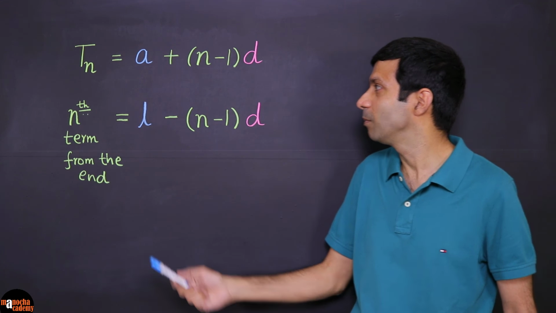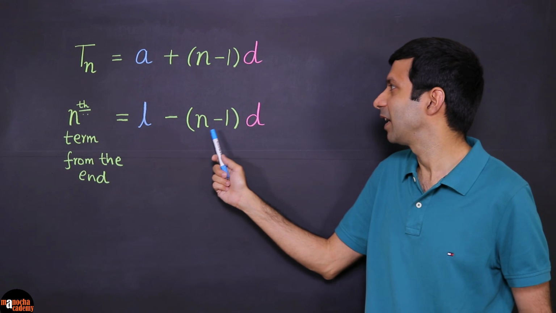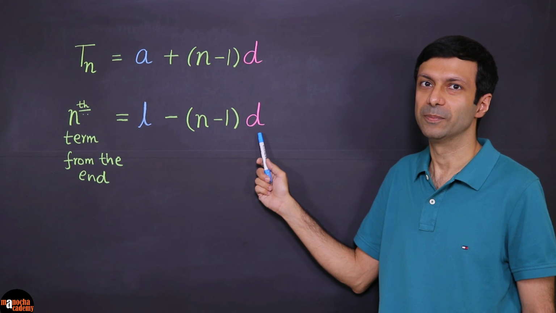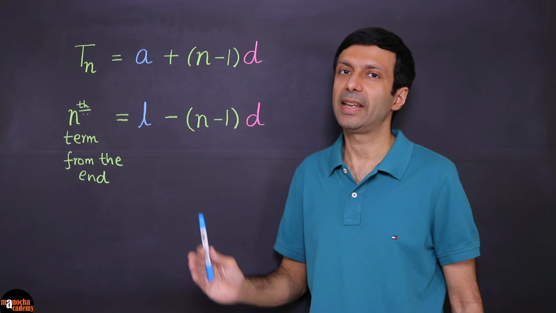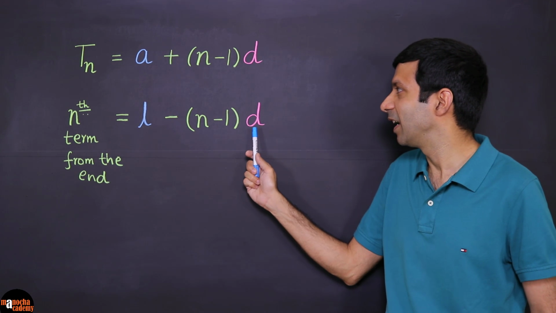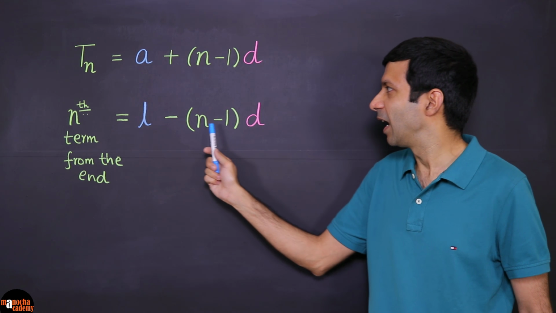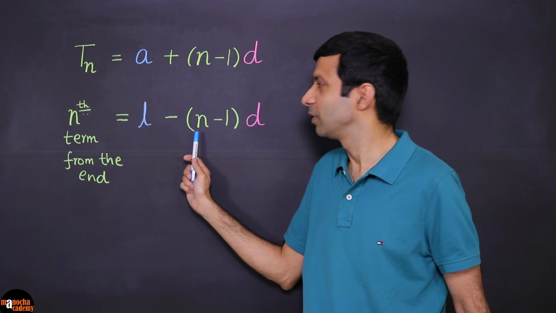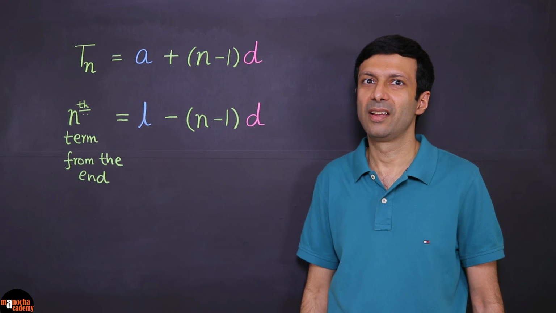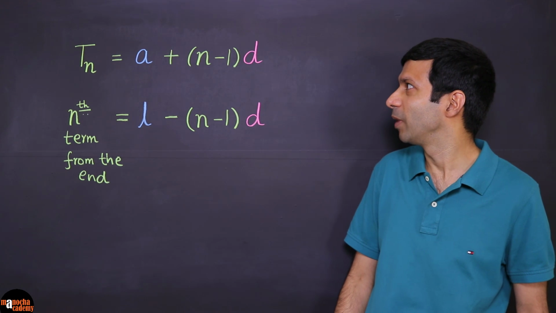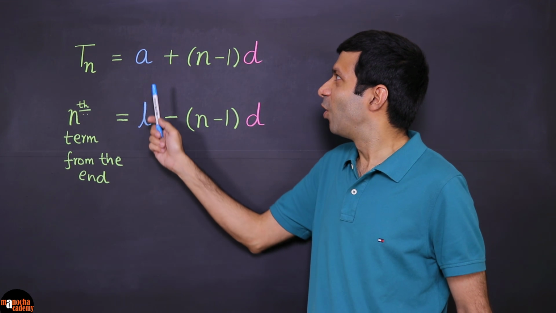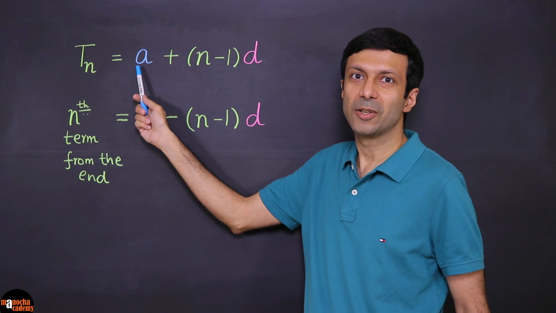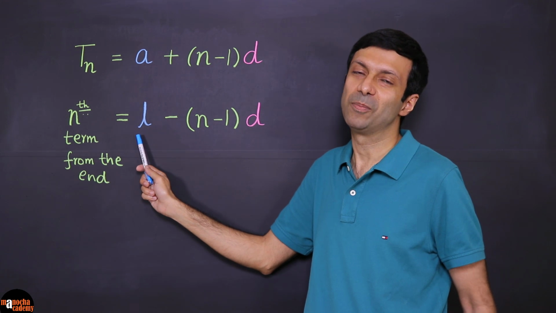Then the formula becomes L minus n minus 1 into d. Okay, where L is the last term of the AP and d is again the common difference, and n is the nth term that you're interested in. Now an easy way to remember this formula is you compare the two formulas. All you have to do is replace the first term A with the last term L, right?